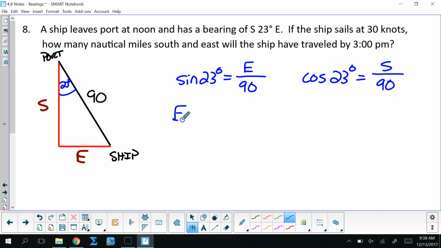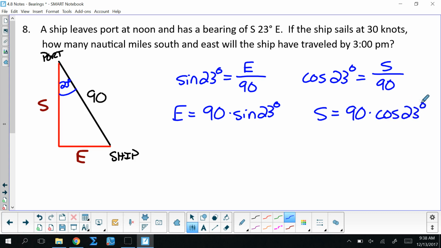So east here would be equal to 90 times the sine of 23 degrees, and the southerly component would be 90 times the cosine of 23 degrees there. So that gives me an easterly component of 35.166 nautical miles.